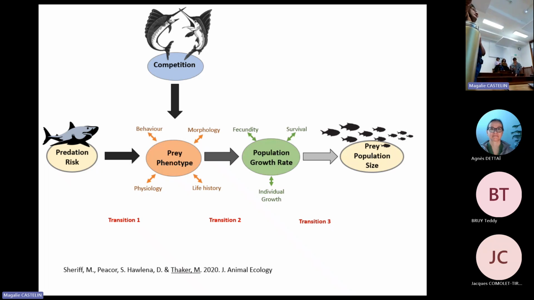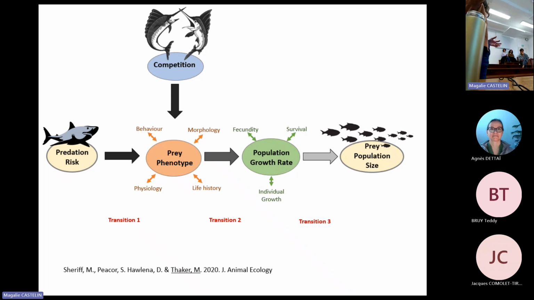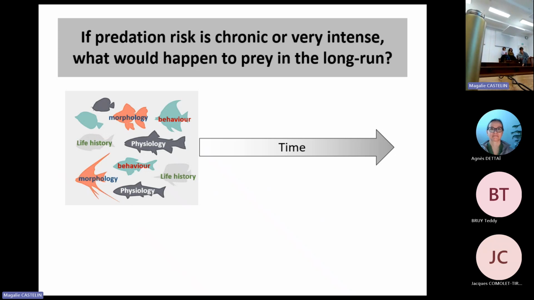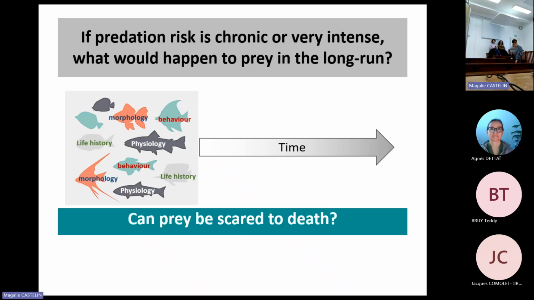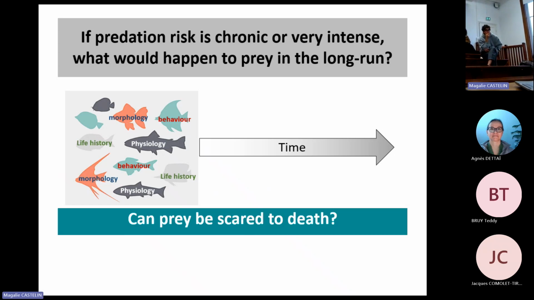Because as ecologists, the overall goal is to see if fear itself can change ecosystems. And there's no point thinking about ecosystems changing if we don't expect population size and demography to change. So the question I want to ask here, if predation risk is chronic or very intense, what will happen to prey? In other words, can prey be scared to death? Can you lose them entirely?